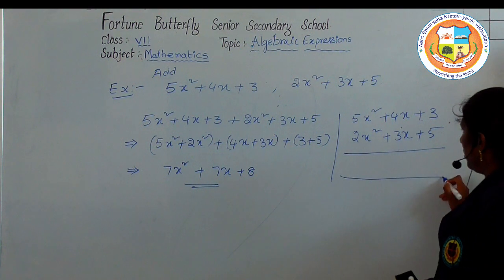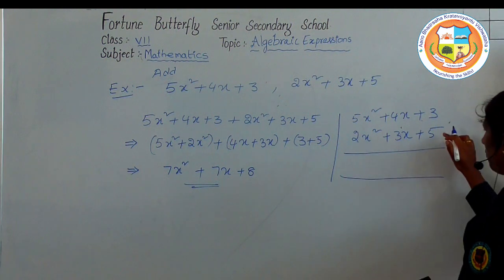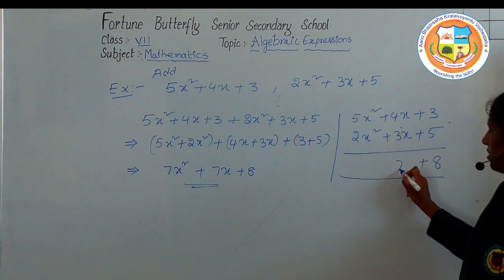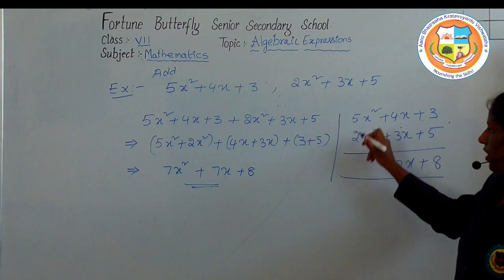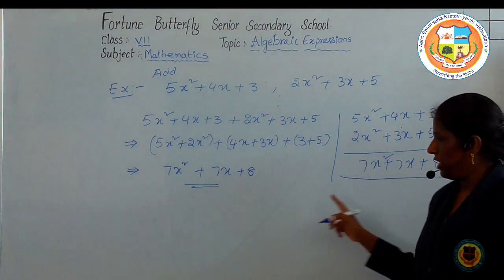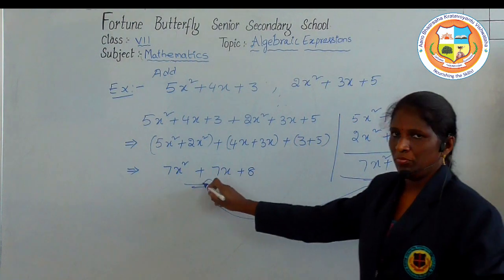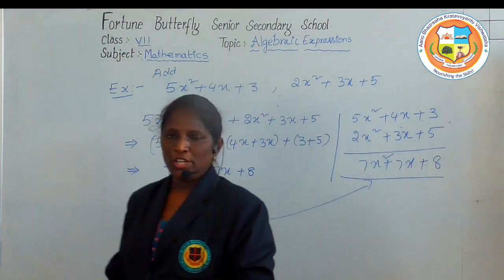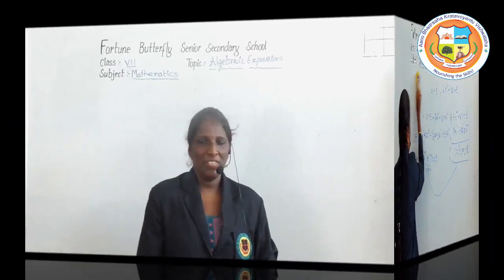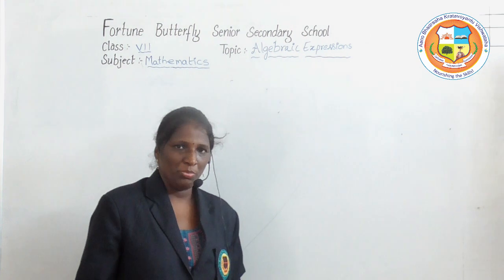In addition, you go from right to left. 5 + 3 is 8, 4 + 3 is 7x, and 5 + 2 is 7x^2. This is the horizontal method, this is the vertical method, and the answers are the same. Now this is the addition of algebraic expressions. Next I will explain subtraction: how to subtract algebraic expressions.